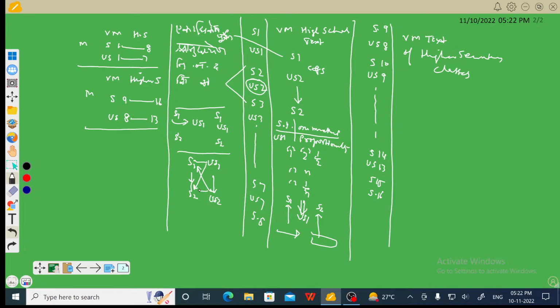Therefore, this composite integrated text of Sutras and Upsutras, as is being seen at the very initial step of Sutra 1 to Sutra 2 and Upsutra 1 to Upsutra 2, has a very, very pleasant feature.